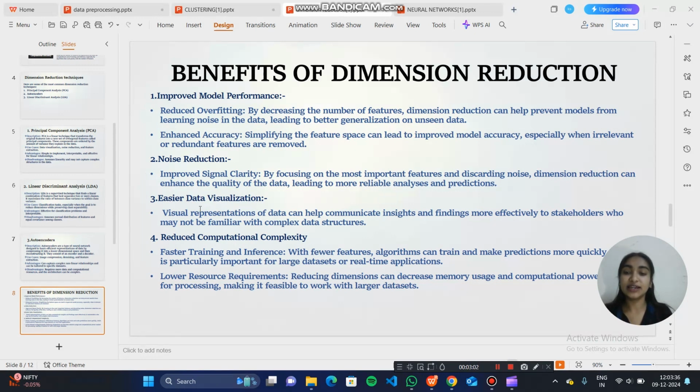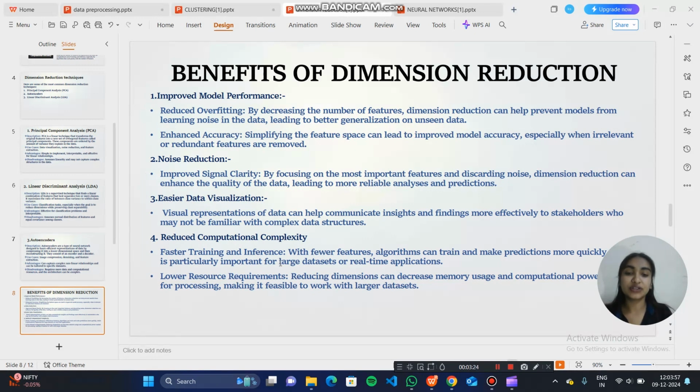Third, easier data visualization. Visual representations of data can help communicate insights and findings more effectively to stakeholders who may not be familiar with complex data structures. Fourth, reduced computational complexity, faster training and inference.